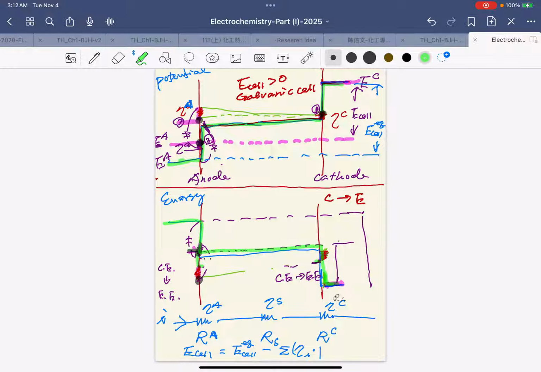This curve is the thermodynamic curve. Theoretically you can pump the energy to here thermodynamically, but in reality you cannot pump the electron energy and convert chemical energy to electric energy to here, because you need to consider loss.